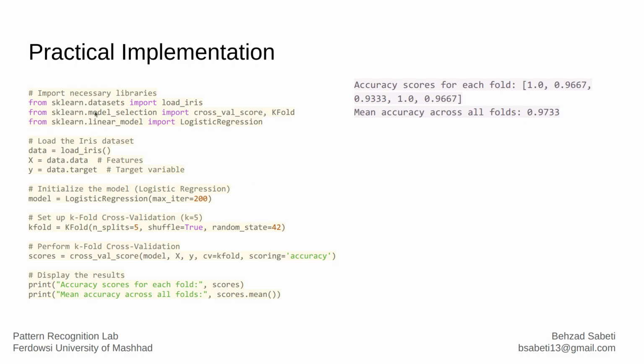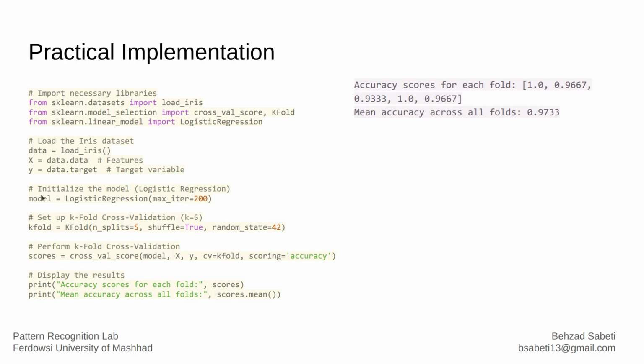As you can see here, we import the necessary libraries, and here we load the data, and here we just initialize our x and y data. Then we initialize the model and set the k-fold cross-validation with k equal to 5.